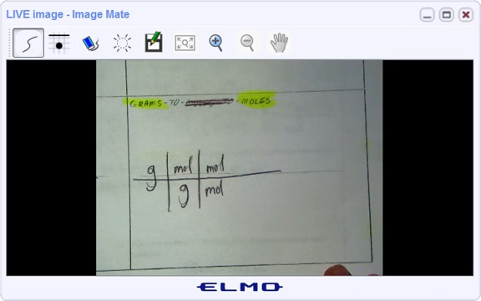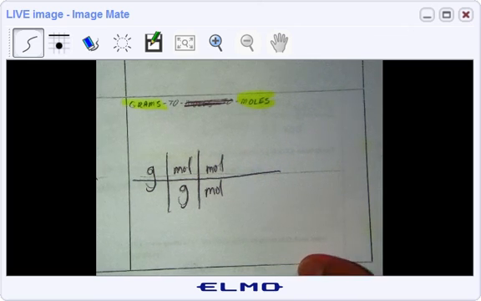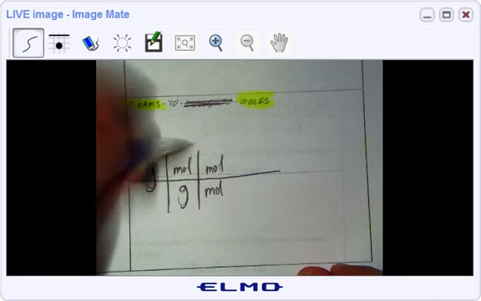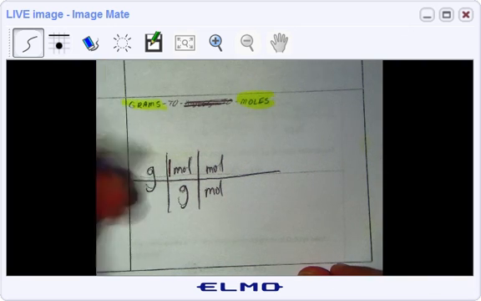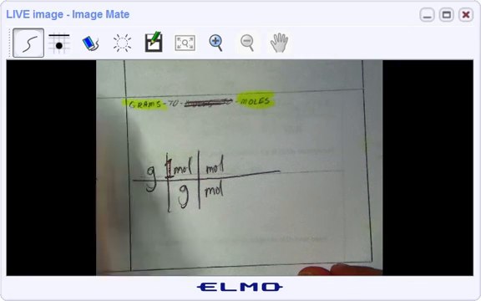You're going to follow this pattern. Go ahead and put a 1 right here. That's a permanent number 1. When you're doing this one, it's always going to be a number 1 there.